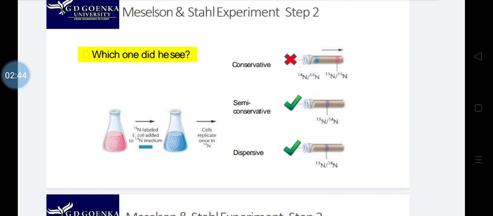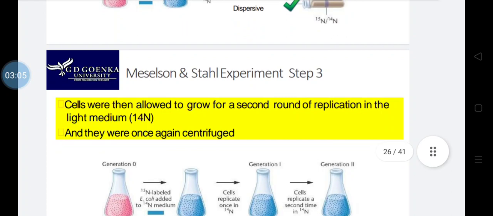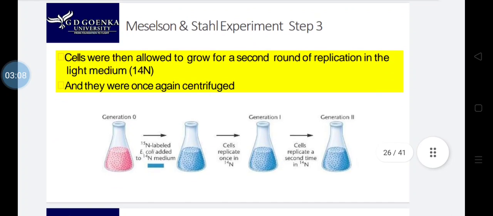He could not find two bands in this second step, but he found a single band. That could be a mixture of 15N and 14N, like the dispersive type. So he further allowed a second round of replication in the light nitrogen medium.